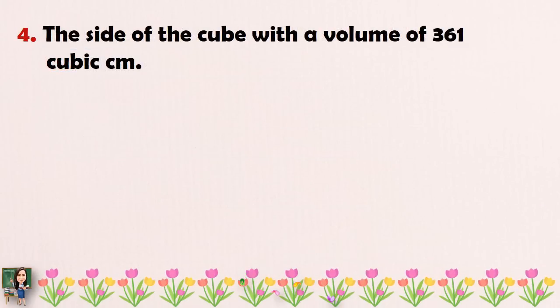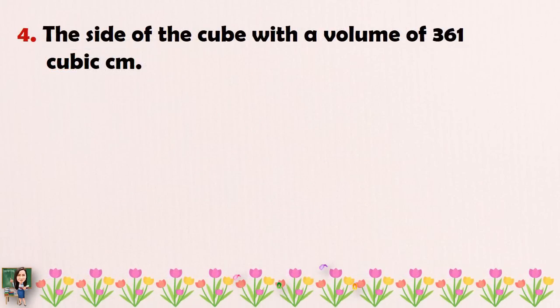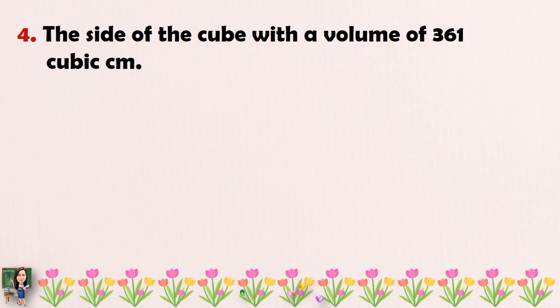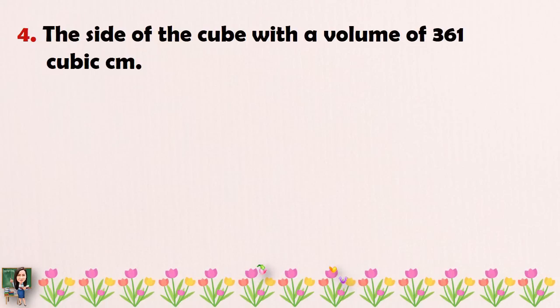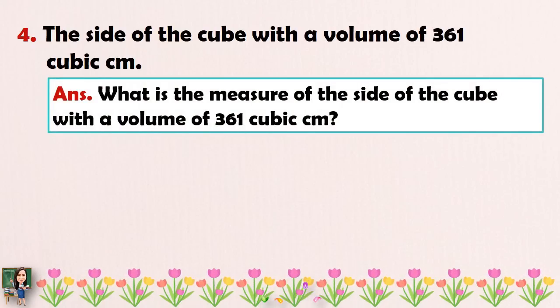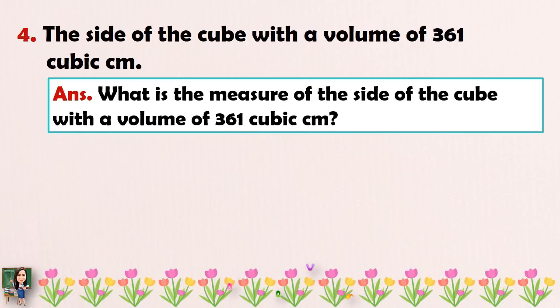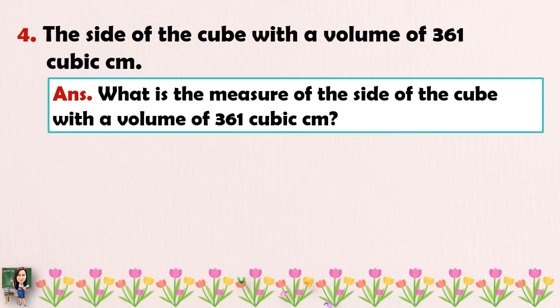Number 4. The side of the cube with a volume of 361 cubic centimeters. What is the best question for this? Very good. The answer is, what is the measure of the side of the cube with a volume of 361 cubic centimeters?